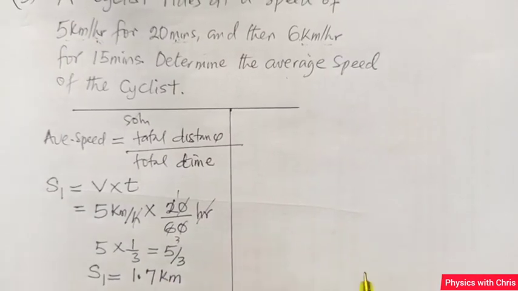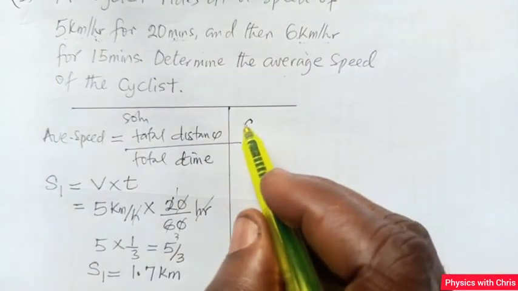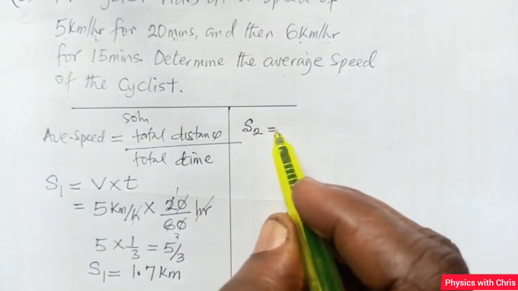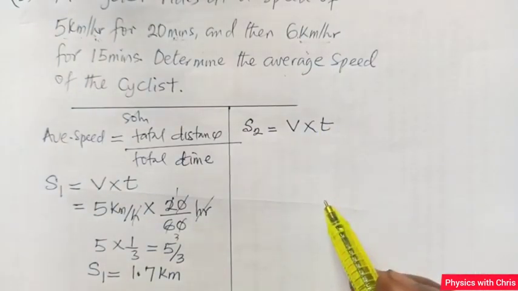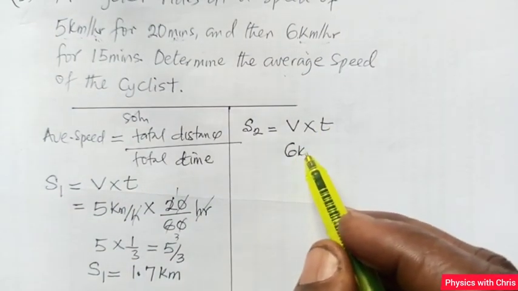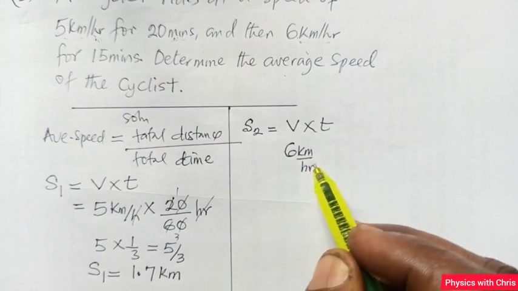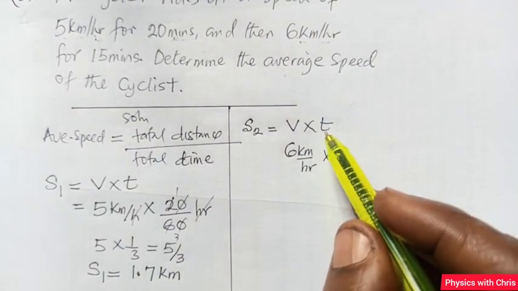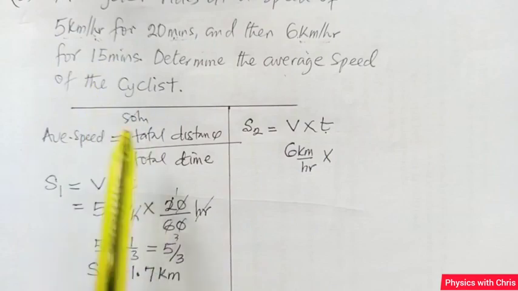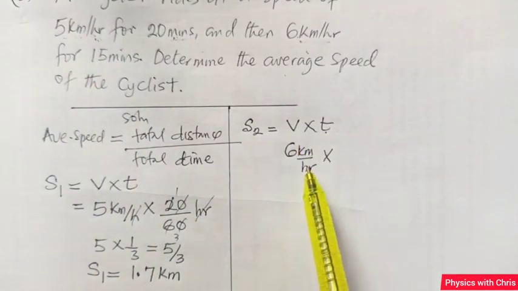Then for the second stage of the journey, I call the distance covered S2, which is still speed times time. The speed is given as 6 km per hour. It's not compulsory to always write the units together with the number. I'm just doing that so that I don't mix up the units. The time must also be in hours because here I have kilometers per hour.